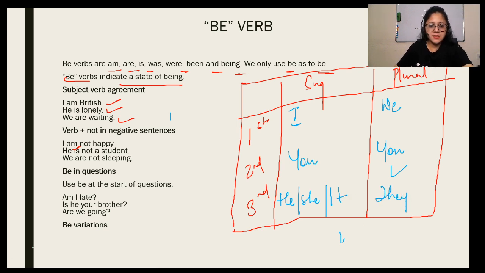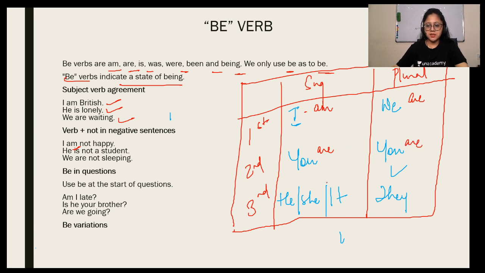Now, let's understand the correlation. I'll use the red pen now. And I'll keep coming back to this slide so that you'll be able to understand. So, I am, we are, you are, even in the singular, even in the plural.